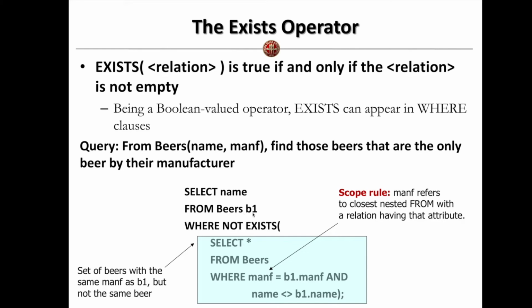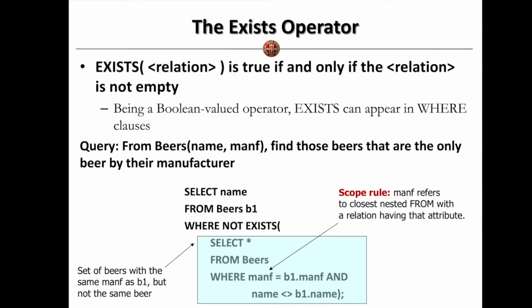B1 denotes the beers here, and this manufacturer denotes the manufacturer of this beers. If we also want to use the manufacturer of B1, then we have to use B1.manufacturer, right? It has a different domain or scope. At the same time, we also need to make sure the name of this beer does not equal B1.name.